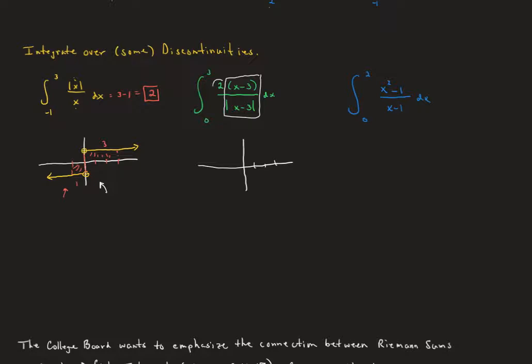And because of this 2, these values are going to get multiplied by 2. So it's a vertical stretch. That means that, to the right of 3, if we plug in something like 4, we're still going to get a positive 1, but times that 2 is going to give us a horizontal line at 2. And to the left of 3, we're going to get a horizontal line at negative 2.